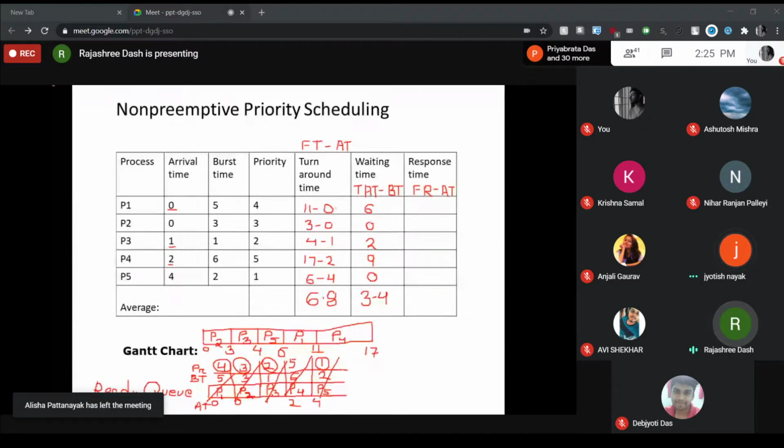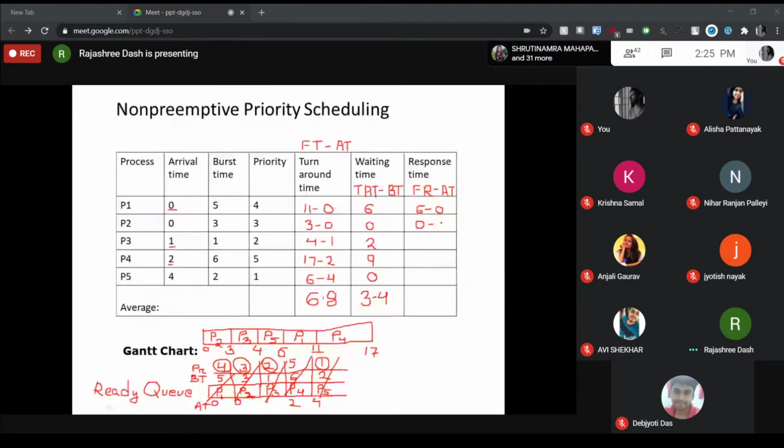P1, 6 minus 0, that is 6. For P2, 0 minus 0, that is 0. For P3, 3 minus 1, that is 2.